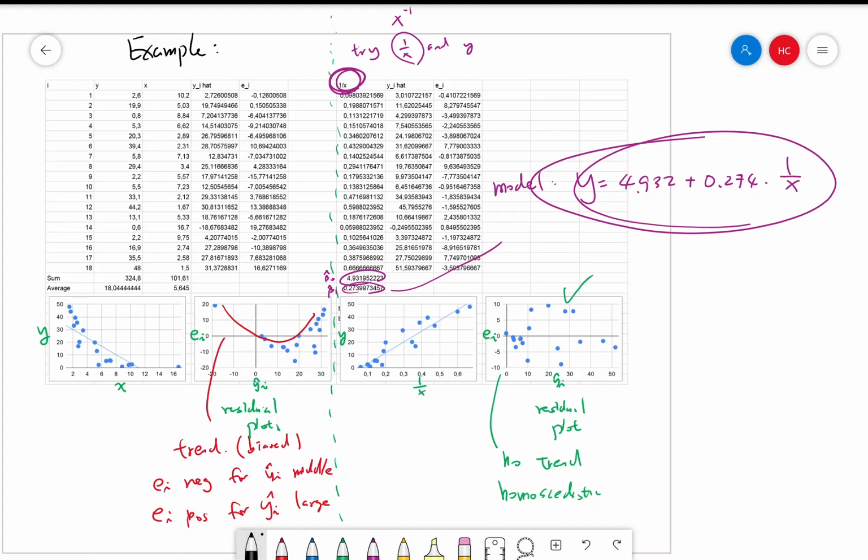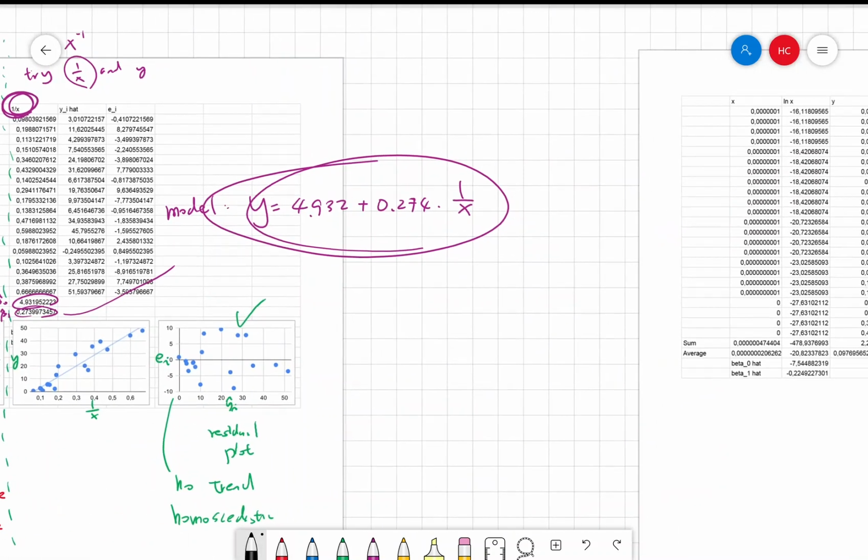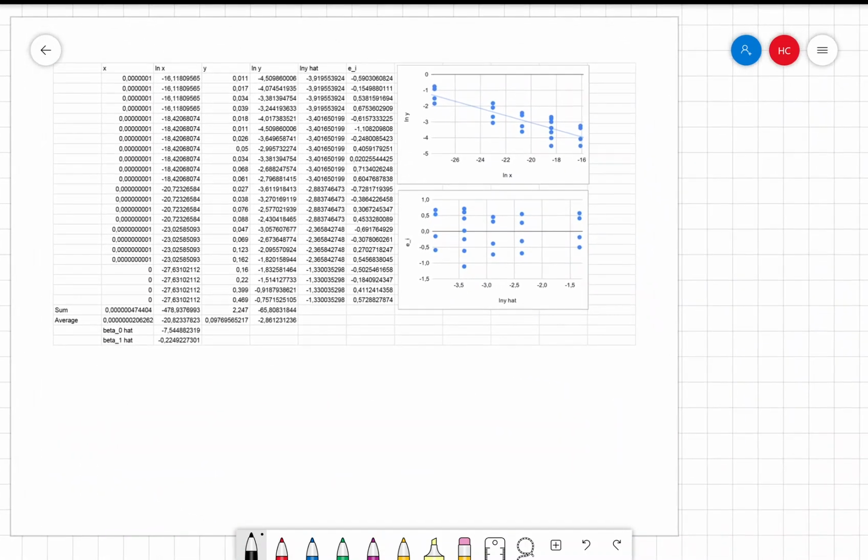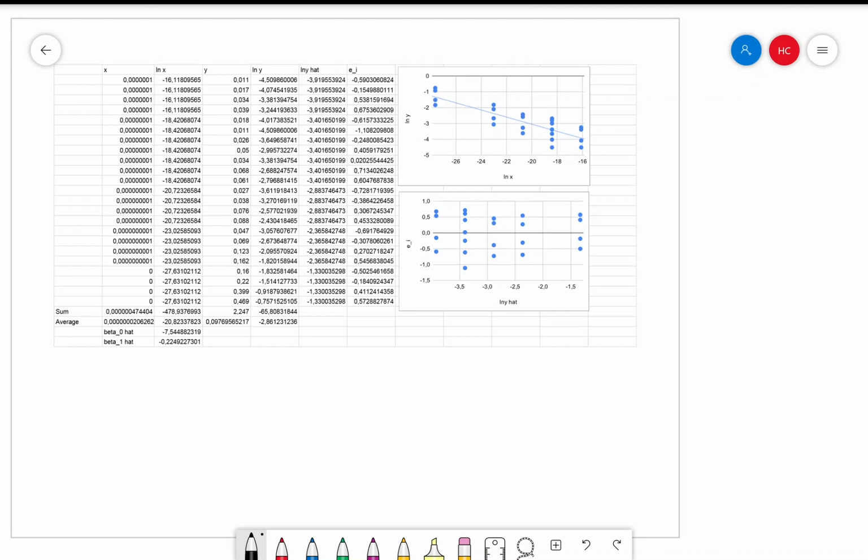Okay, so let's do another example. Here we have x and y, and suppose we are given scientifically that y is equal to k times x to the r.